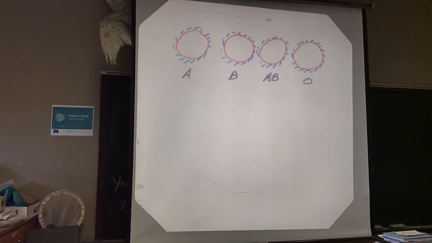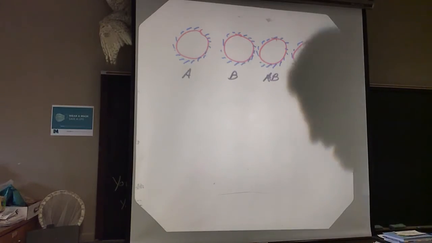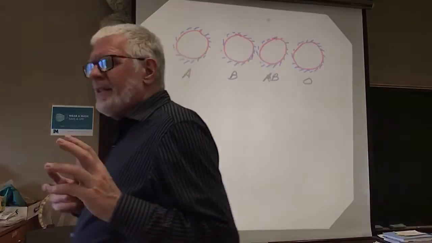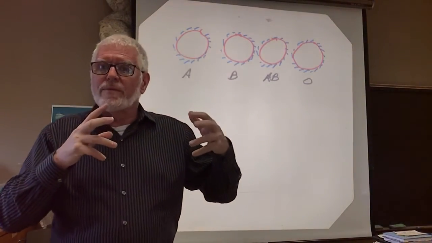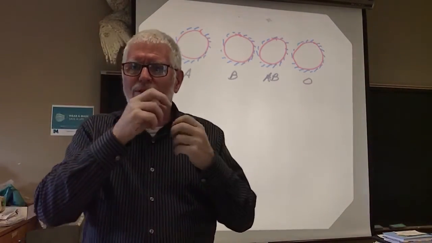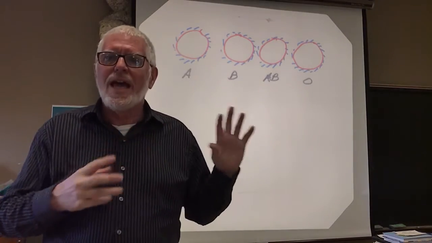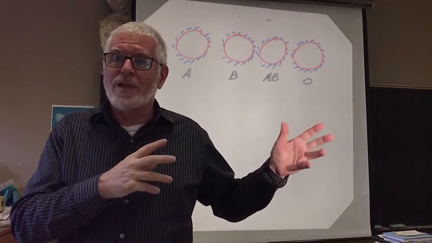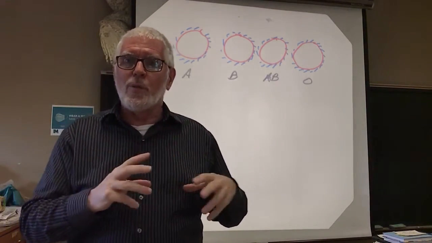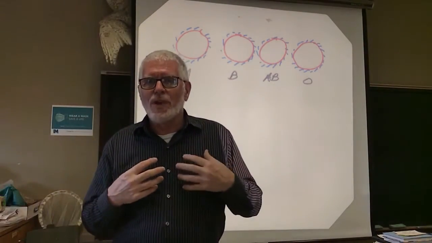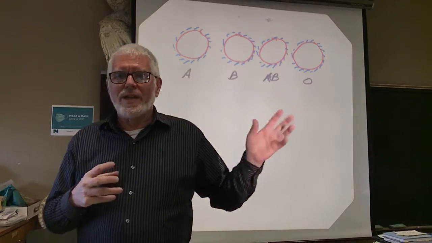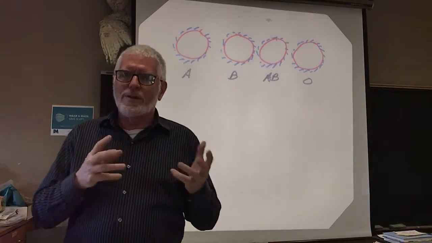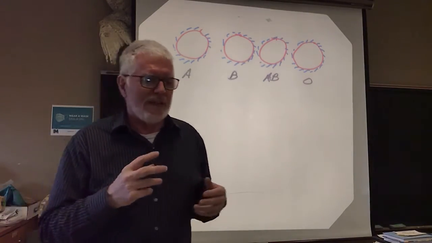And what the different alleles do is they change the very end of the marker. They actually put a little string of sugars on it, but it makes it different, and it makes it so that your immune system can detect which markers are which. If you have A blood, then your immune system recognizes A. If you put B blood in there, it'll go, this doesn't belong here, and you'll develop antibodies to the B.